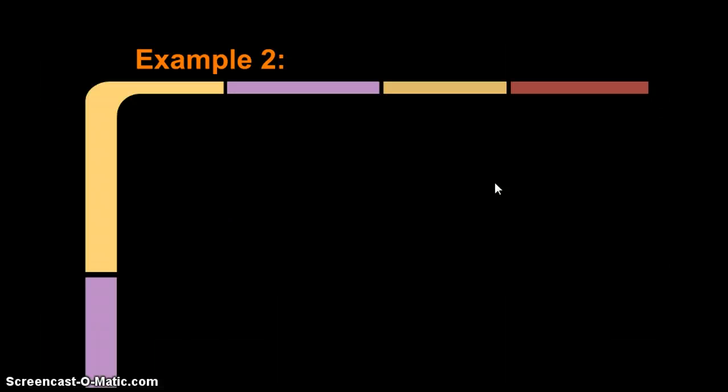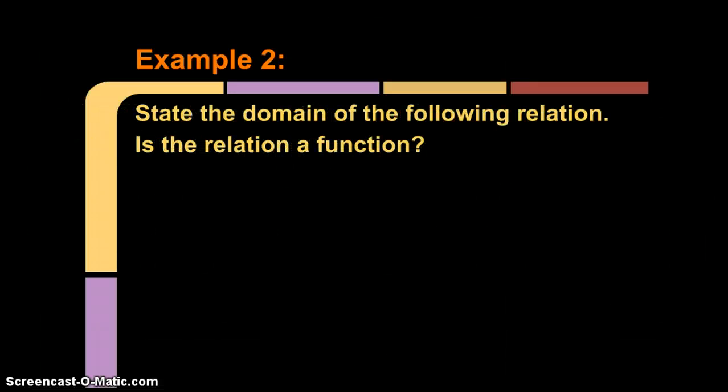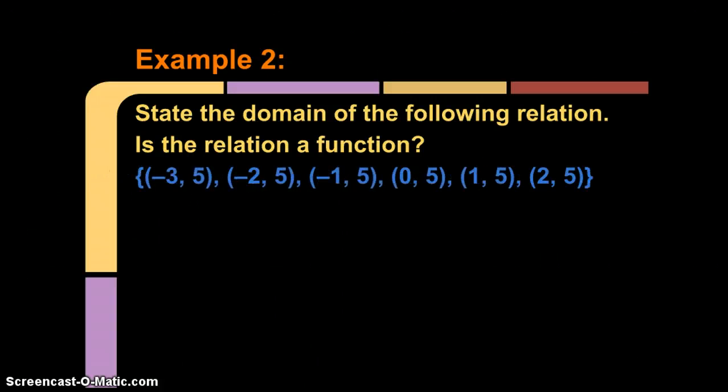Example number 2. State the domain of the following relation. Is the relation a function? Once again, you are looking at just all x values, sorry. So you'll be given the answers of -3, -2, -1, 0, 1, and 2.